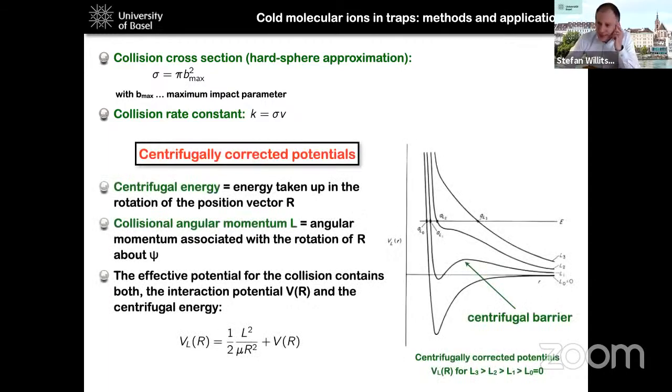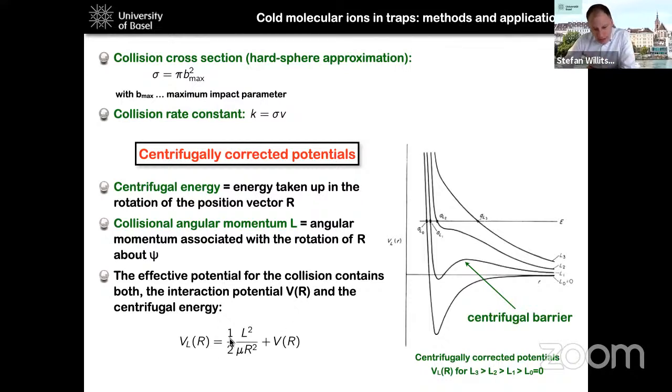So let me say a few more words about this centrifugally corrected potential, because this will play an important role in what comes later on. I've already said that the centrifugal energy is the energy that's taken up in the rotation of the position vector. And the collisional angular momentum is the associated angular momentum with that rotational motion. So it's the angular momentum that goes along with the rotation of r about psi.